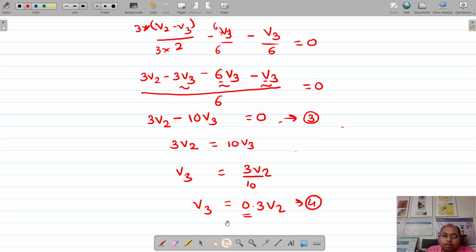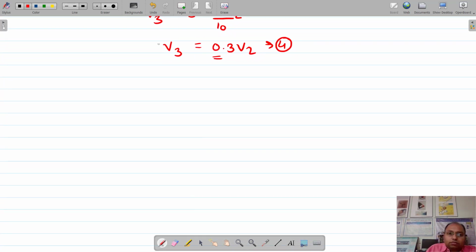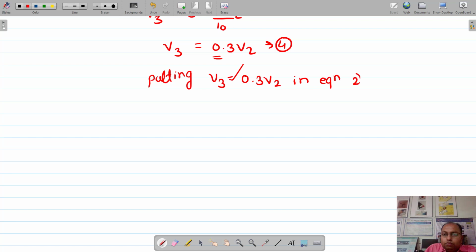Now putting v3 is equals to 0.3 v2 in equation number 2.